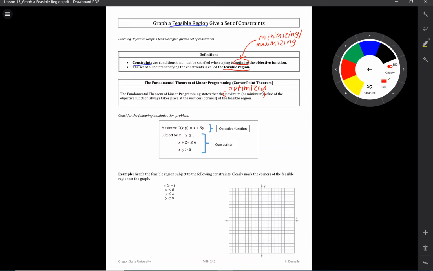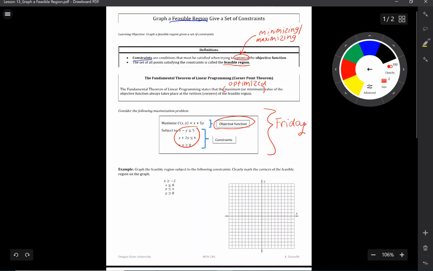So like I said, on Friday we are going to focus on the objective function and how to maximize or minimize that, but today we are only focusing on how to construct what we call this feasible region. So we'll look at this example on Friday. So given a bunch of constraints like we have here, how do we plot this region where this region contains all of the points that satisfy these constraints?